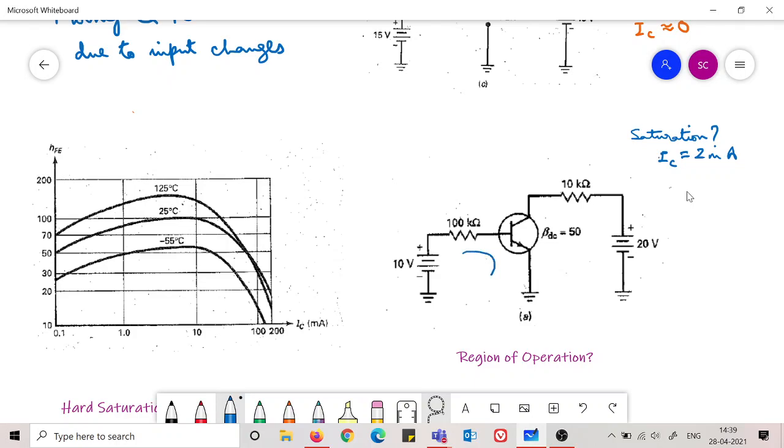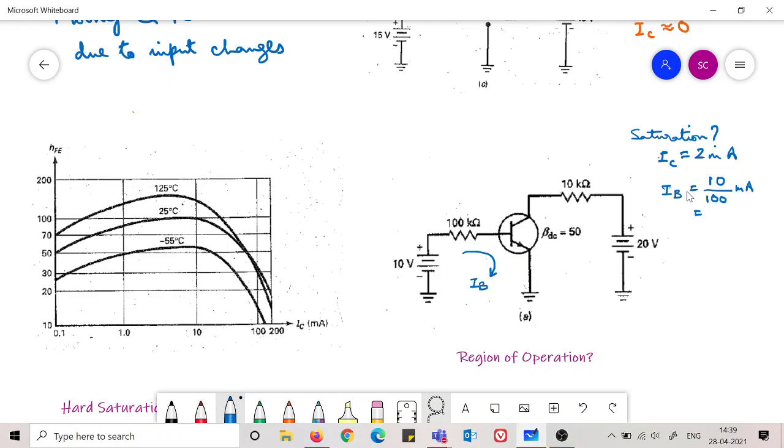Now please remember, this IB is only dependent on the input side, the base biasing. This is 10 minus 0.7 by 100. Let us ignore this 0.7 for the time being, because we just want to do a very simple calculation. So IB is 10 by 100 kilo ohm milliamps.